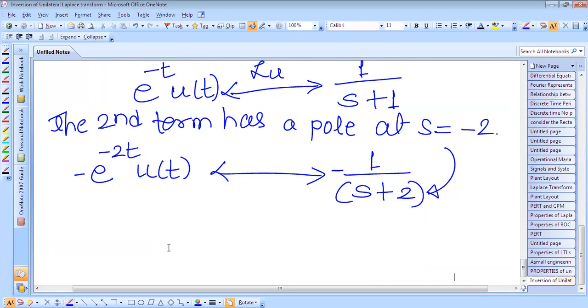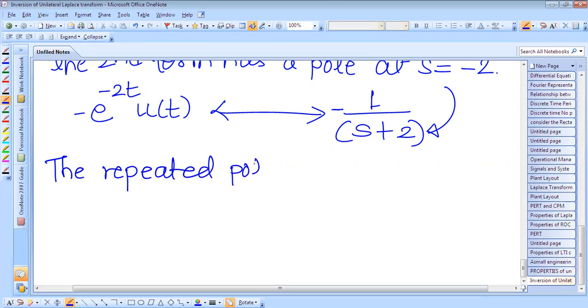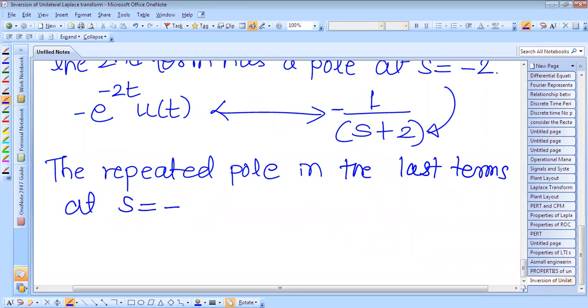And now come to the third term, that is a double pole, the repeated pole in the last term at s is equal to minus 2, and therefore we can write its pair in time domain and s domain. So 2 over (s plus 2) square.